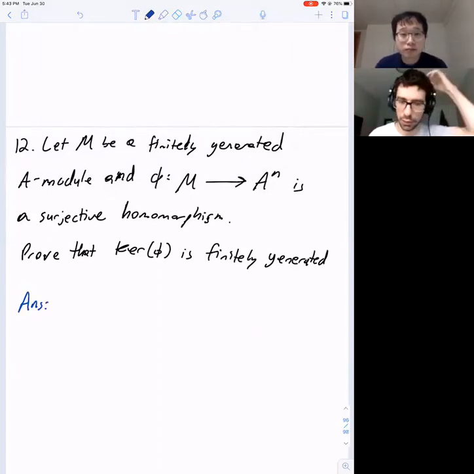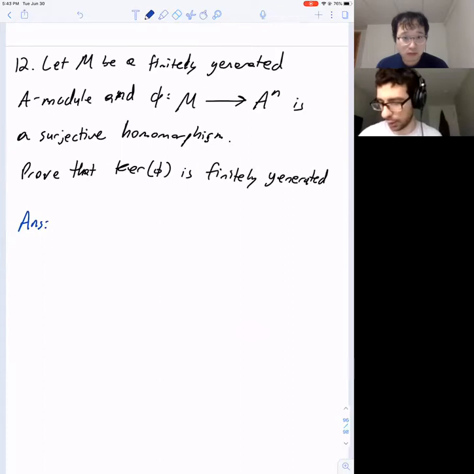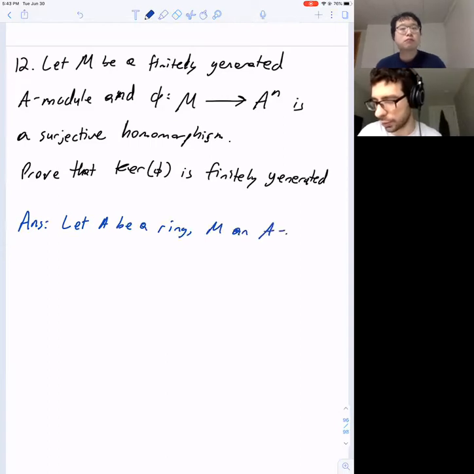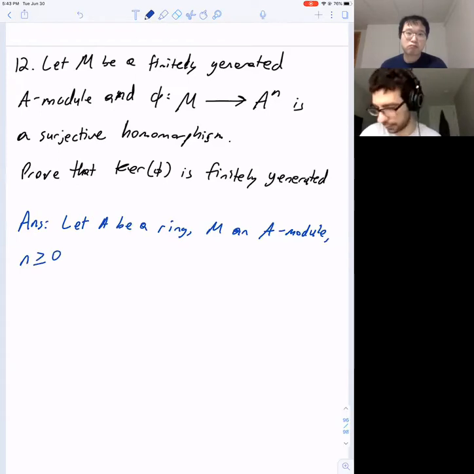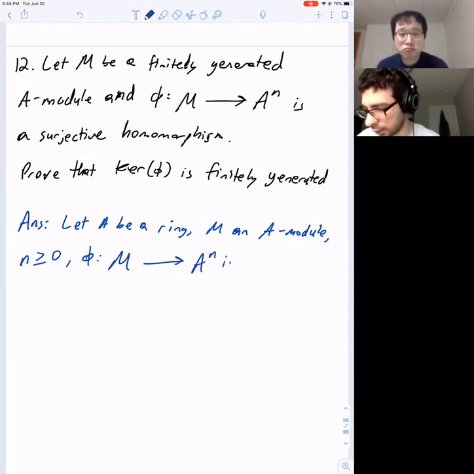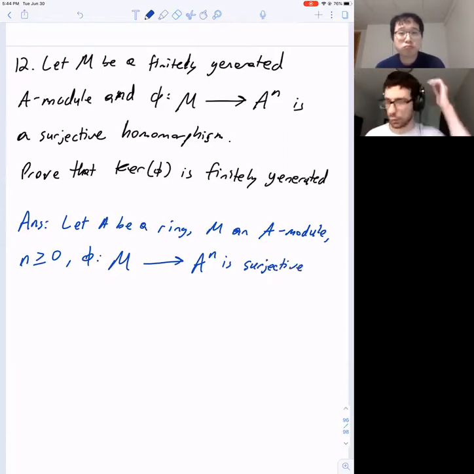Take a look at my notes. Okay, so how would I do this? So let A be a ring. M is an A module. And let's just say N is some non-negative integer, and let's say phi going from M to A to the N is surjective. So what do I do?